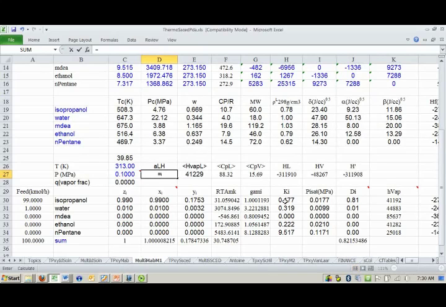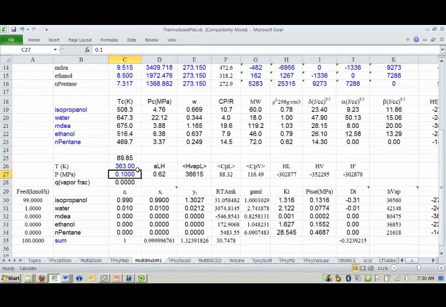That's just the k-value divided by the k-value. And we wanted to do this at 363. So, okay. I think we're ready to add some MDEA now.